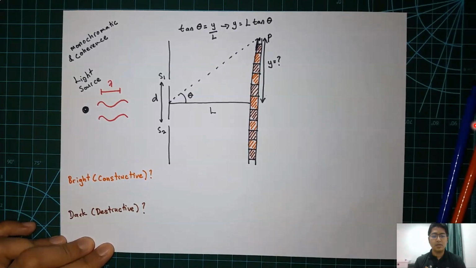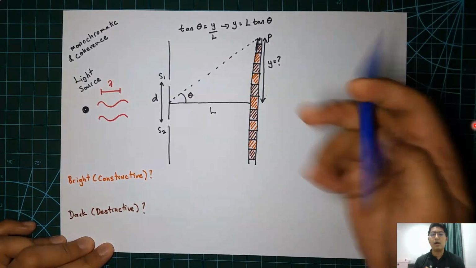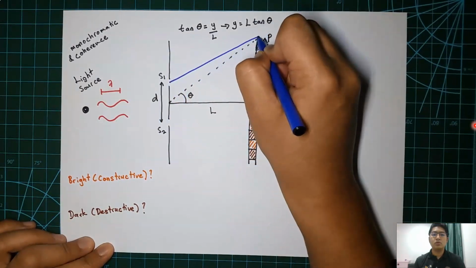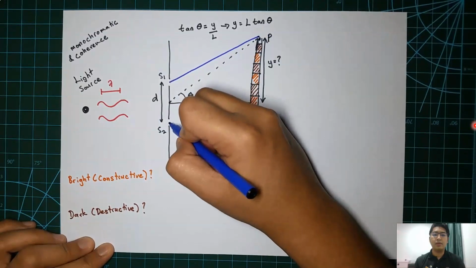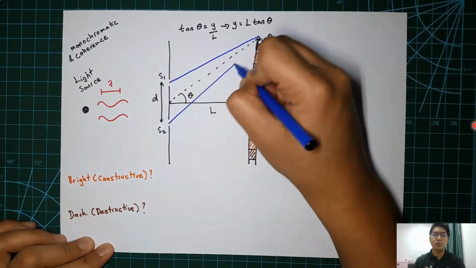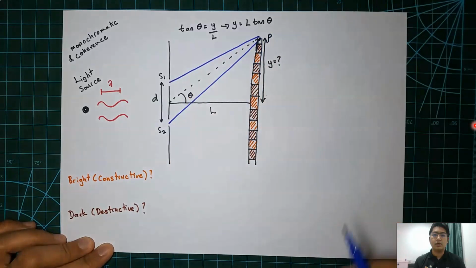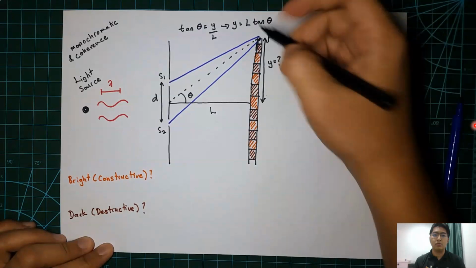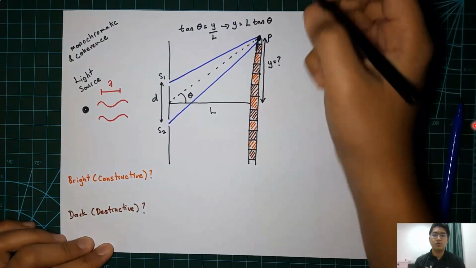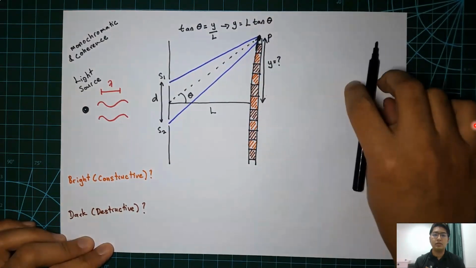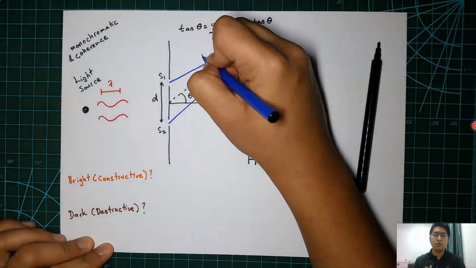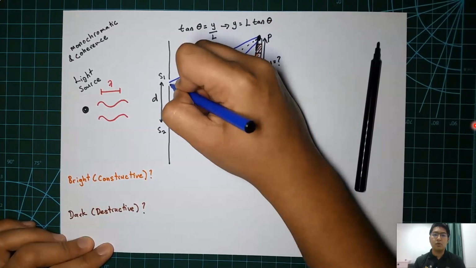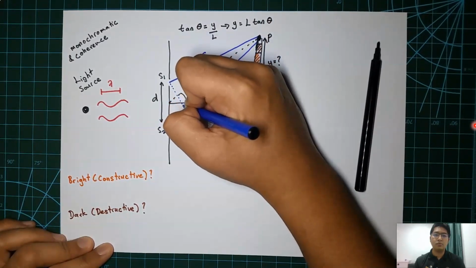So it's either bright or dark, but how to determine? You need to find the path difference between slit 1 and slit 2 to the point that we want to measure. From slit 1 to the point is R1, and from slit 2 to point P is R2.